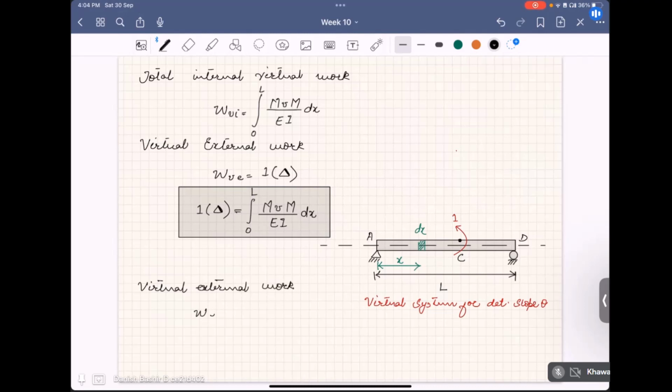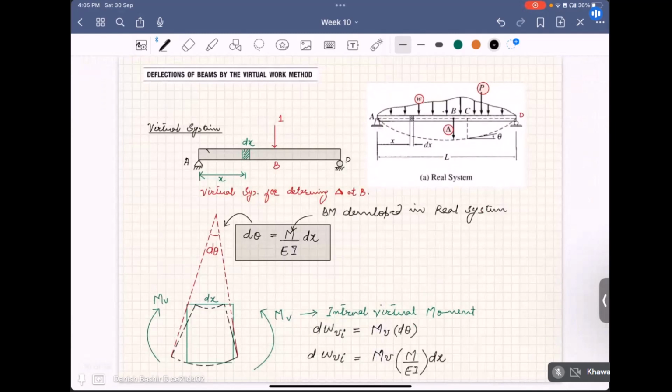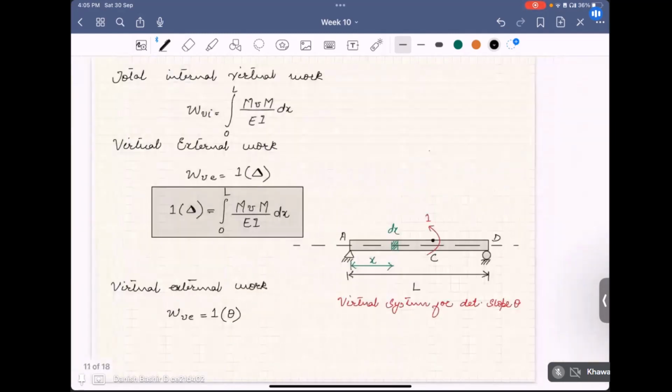There is a moment of 1 kilonewton meter, and it is going through a real rotation theta. This is the real rotation theta at point C.